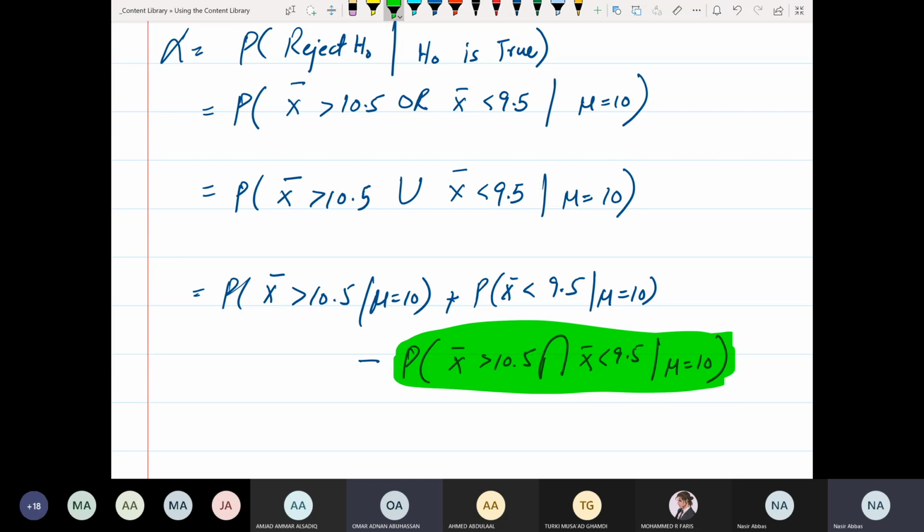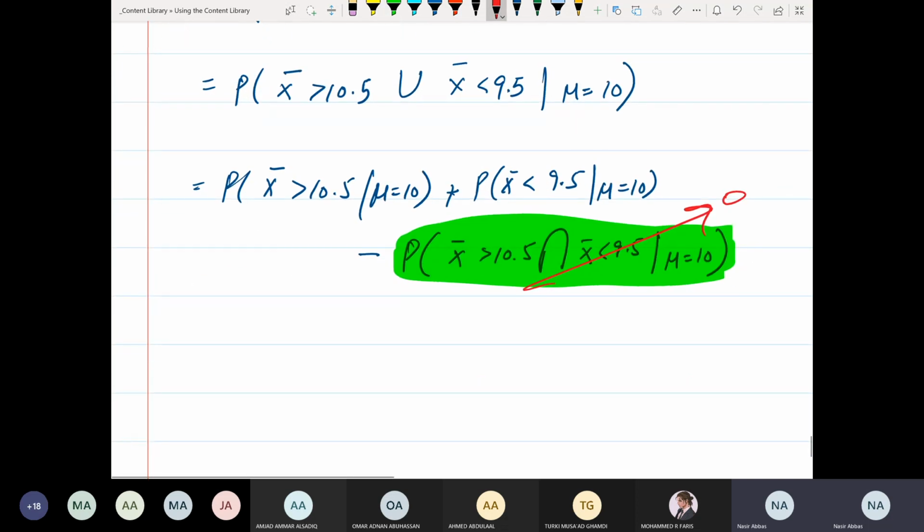It will be 0. Why will it be 0, Umar? Because there is no number greater than 10.5 and less than 9.5. Exactly. There cannot be a value of X bar that is greater than 10.5 and at the same time less than 9.5. So this probability will be 0.